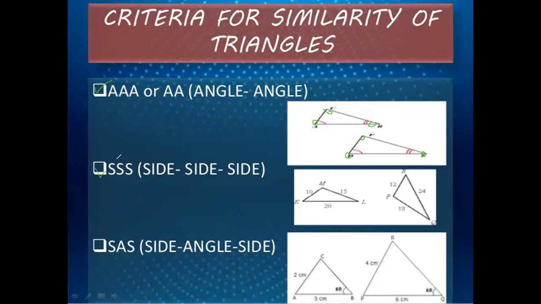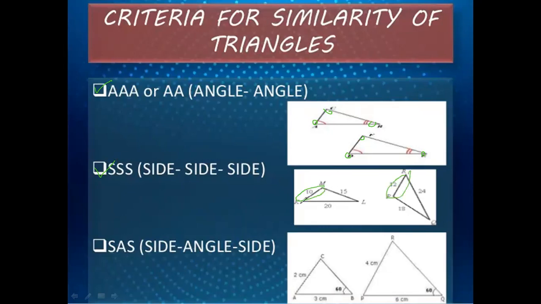The second test is SSS, side, side, side of the triangle. Now, how do we show or tell that the sides are proportional? Just for example, this side, we identify that one as proportional to this side.